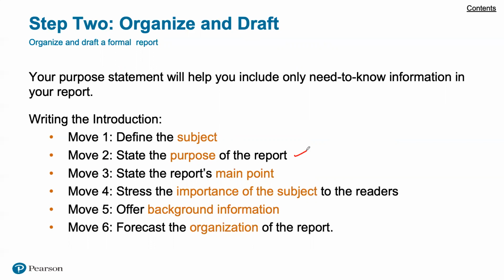You have the research question, and you want to answer certain specific parts of the things that are relevant to that research question. You want to state the report's main point. You want to stress the importance of the subject to the readers. You want to offer background information to help give them the context, and then forecast the organization of the report.